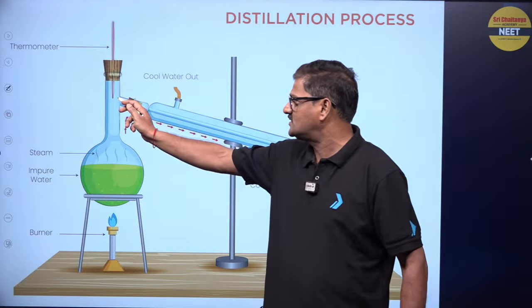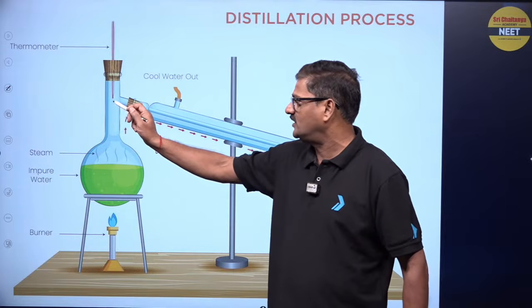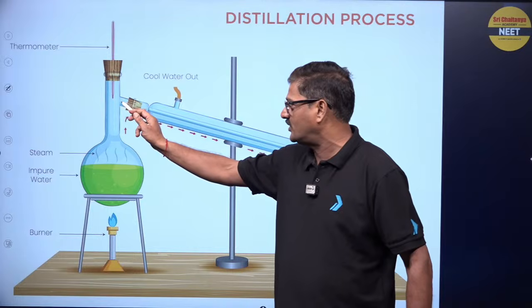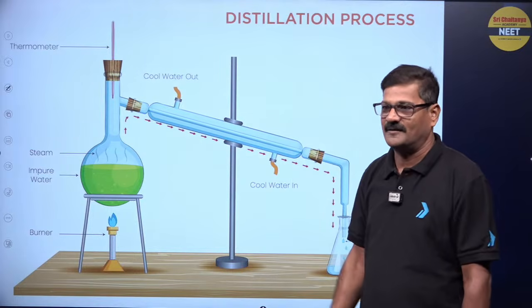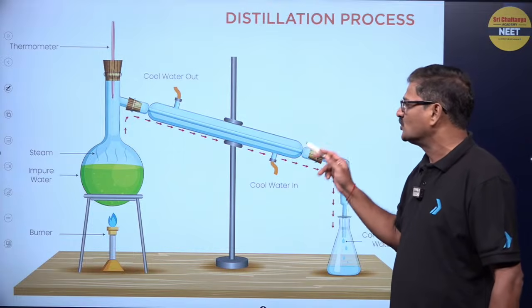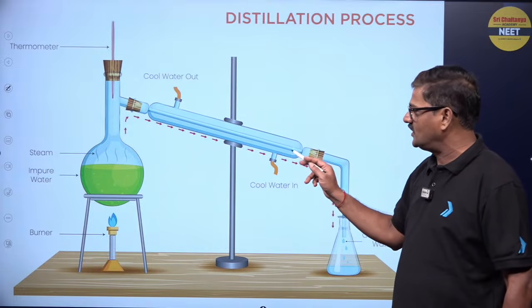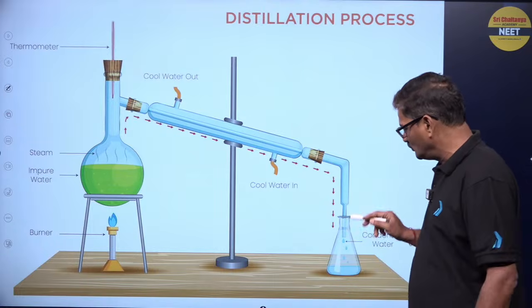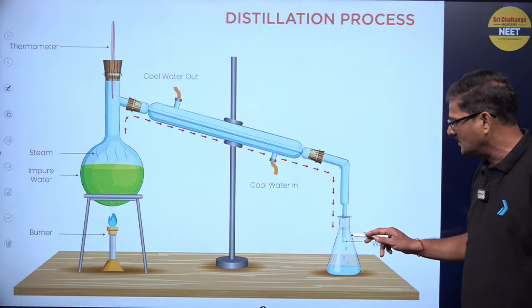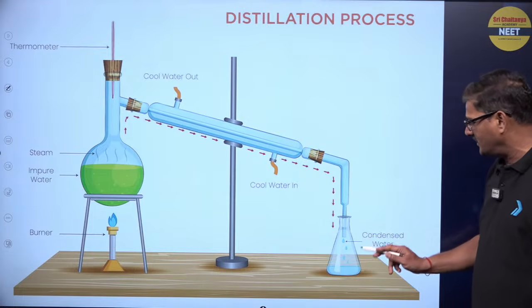You have to keep the bulb of the thermometer exactly here, so that you will know at which temperature the liquid is condensing. It comes over here through a cool water inlet and outlet jacket, you are condensing the vapor and collecting the condensed liquid.